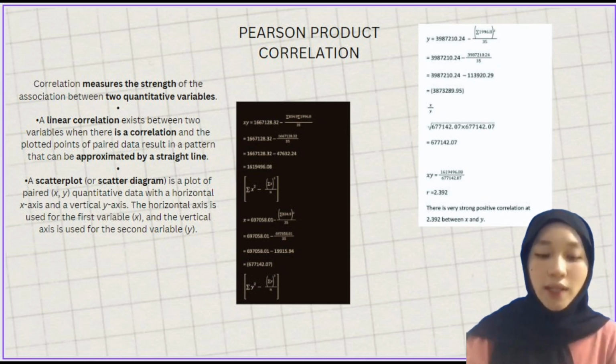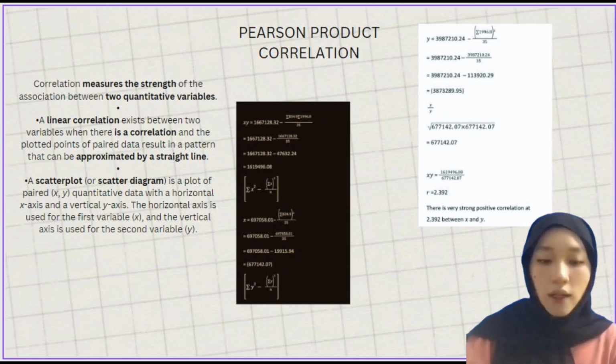Sxx: 697058.01 minus 697058.01 divided by 35, which is 697058.01 minus 19915.64. Answer: 677,142.07.